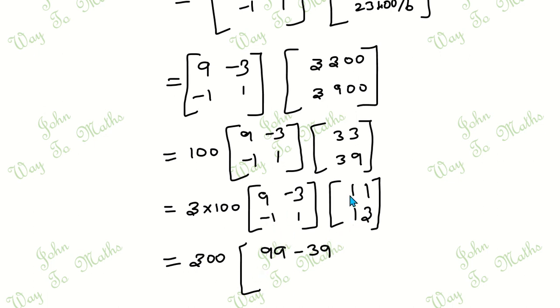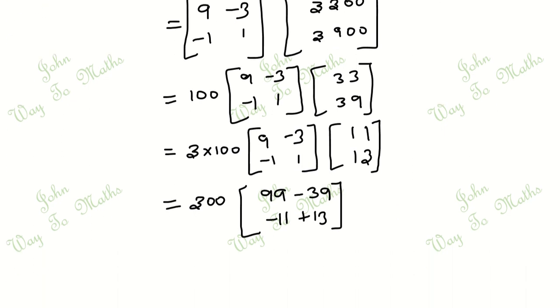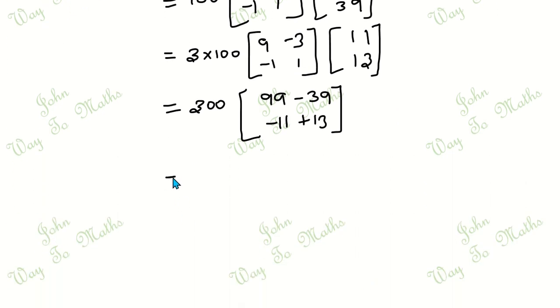Here minus 1 into 11 becomes minus 11. 1 into 13 becomes plus 13, which is equal to 300 of, so 99 minus 39 becomes 60. Here minus 11 plus 13 becomes 2, which is equal to, I'm going to multiply 300 inside the matrix.